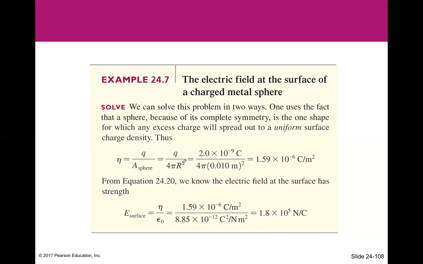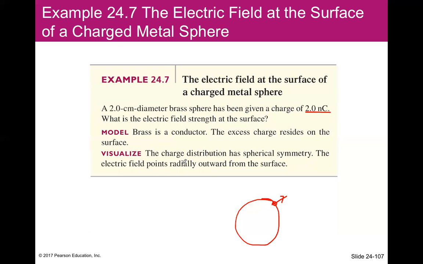Here it uses another way to do the calculation, but if you want to use Gauss law, you have Q over epsilon equals your flux.